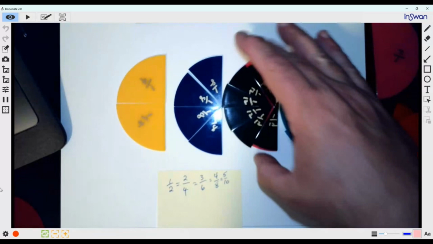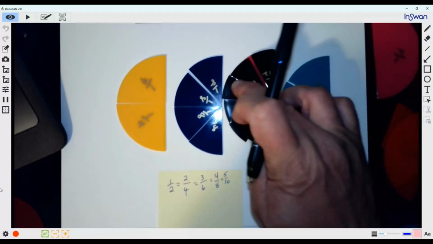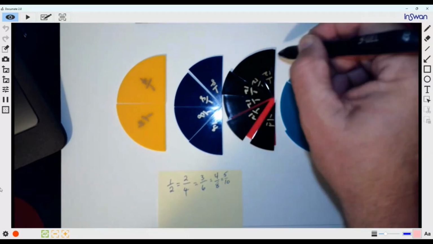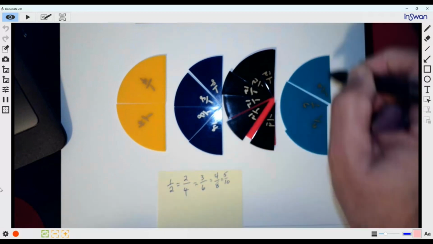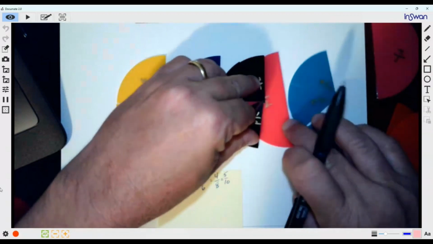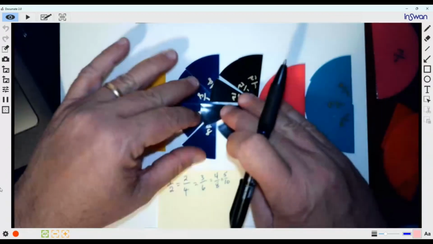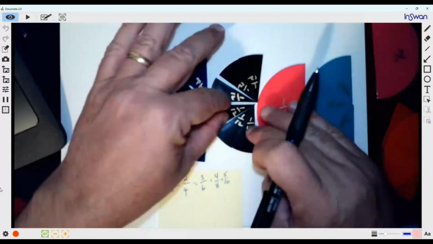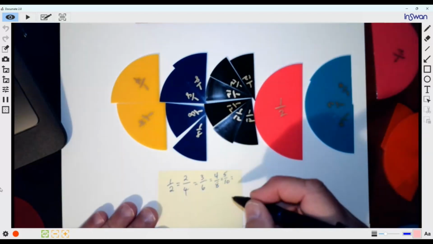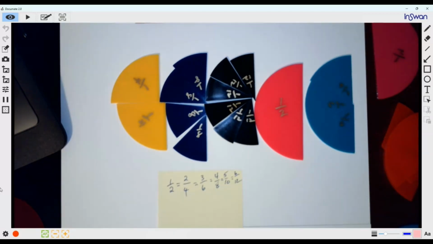Okay, so if I take the half and I break it up into 1, 2, 3, 4, 5, 6 equal pieces, then I would need 6 more to make a whole circle. So each of these is a 12th. All right. And so 1/2 is also 6/12.